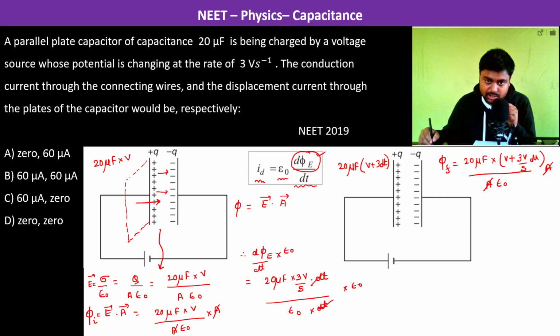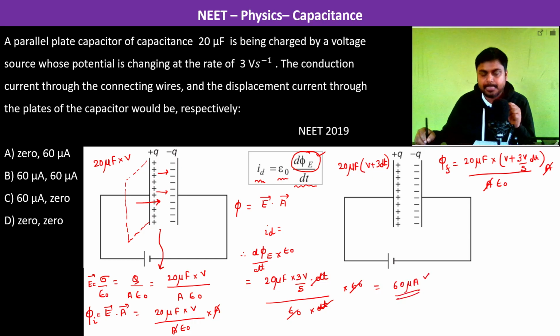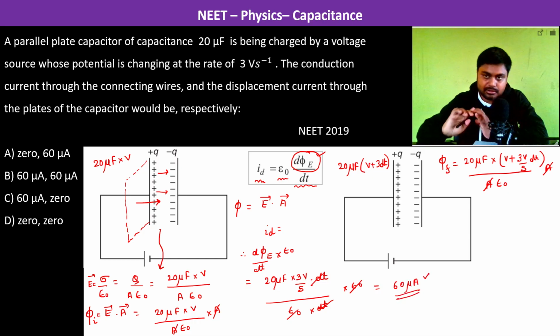So dt is gone, epsilon is gone. Again we are left with the same quantity as previously, the displacement current, which is again 60 microampere. So we did it with both the methods.